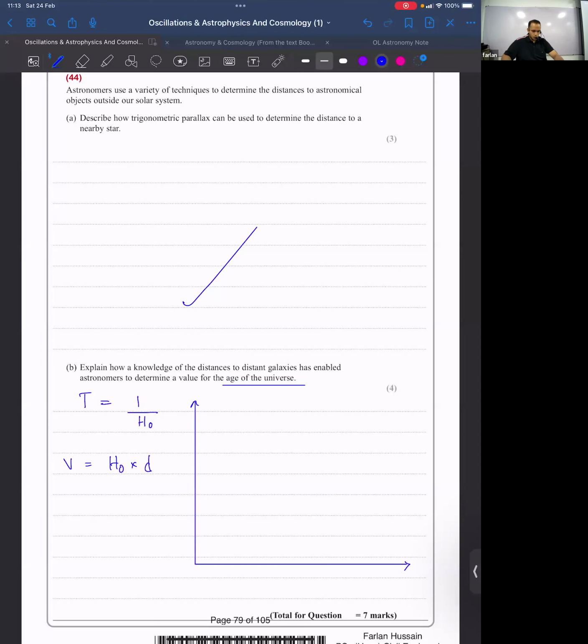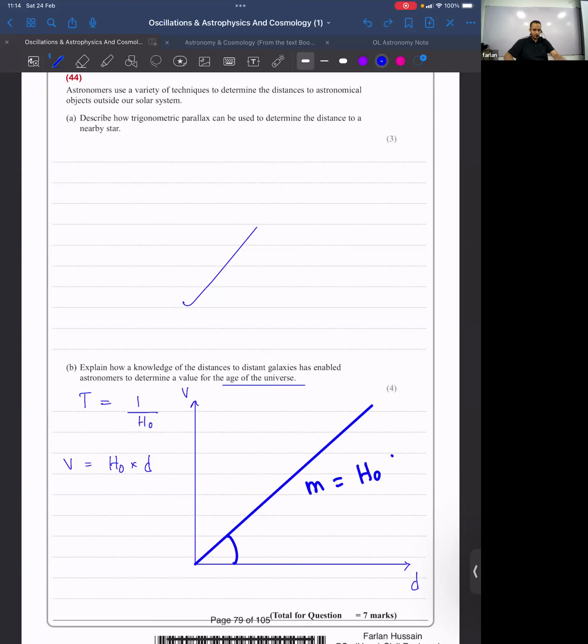So if you sketch a graph of V versus D, the gradient of the graph will give you H naught. So if you know H naught, T is equal to 1 over H naught.